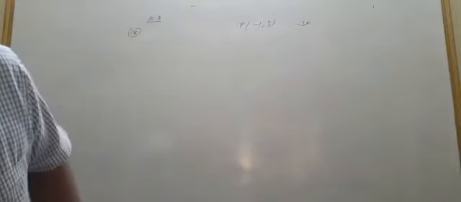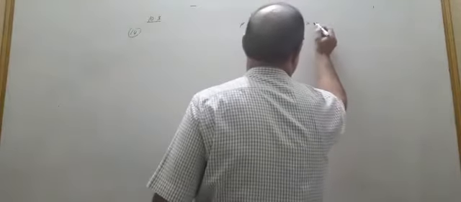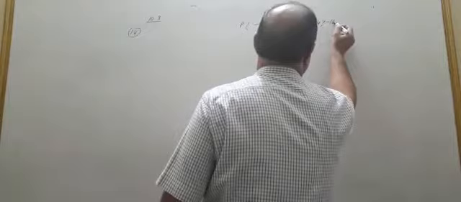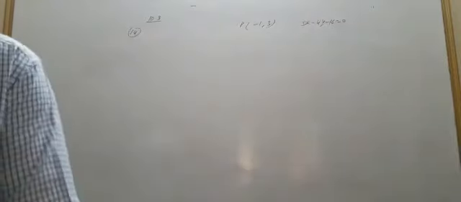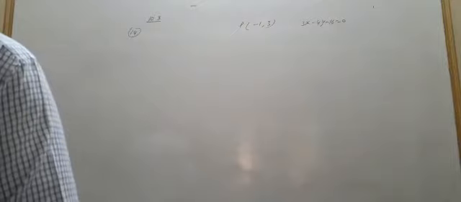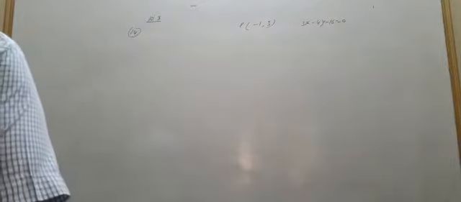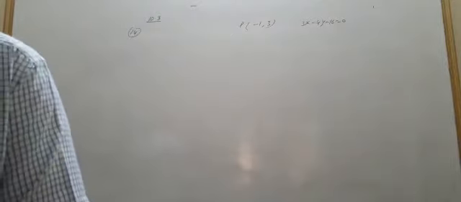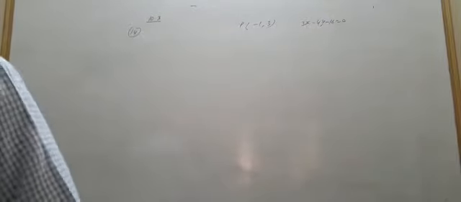The line is 3x minus 4y minus 16 is equal to 0. So see again, what is the question? Find the coordinates of the foot of perpendicular from the point minus 1, 3 to the line 3x minus 4y minus 16 is equal to 0.